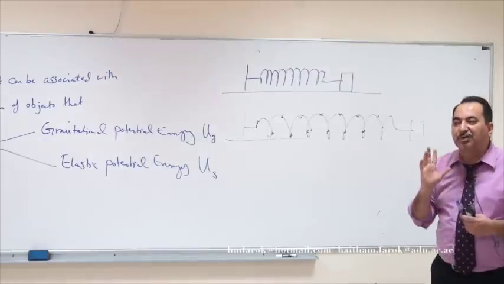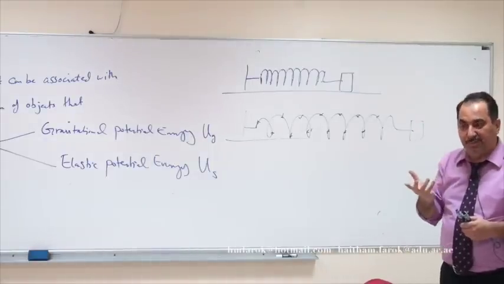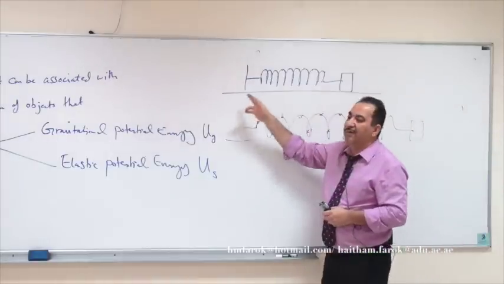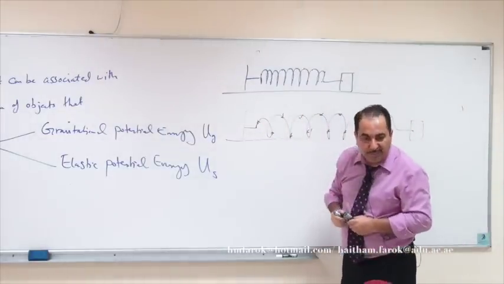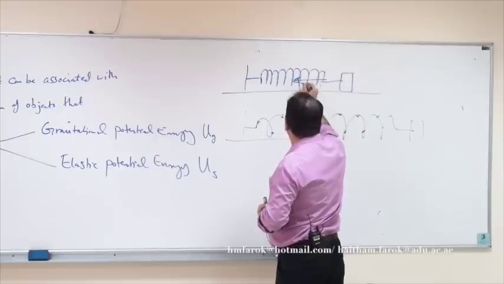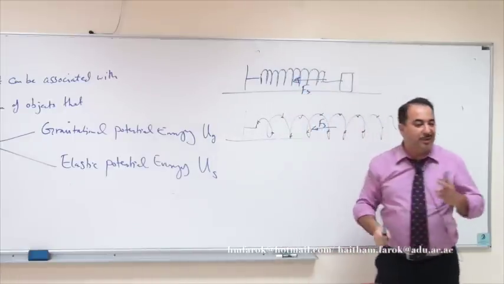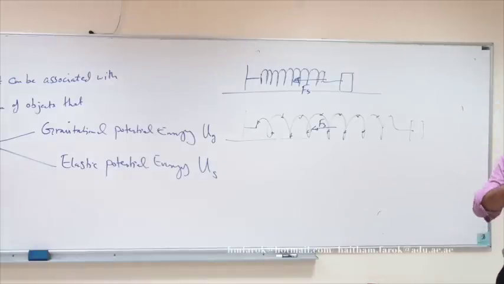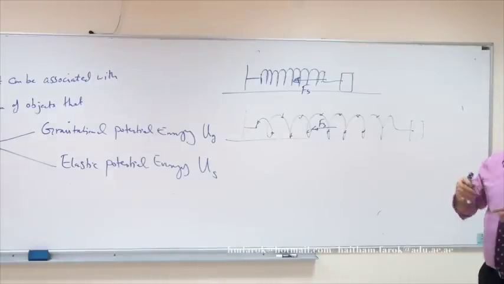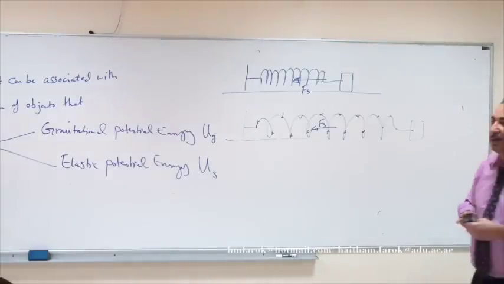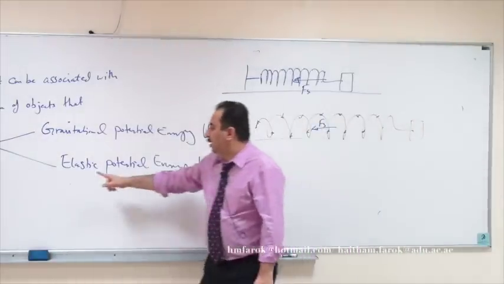That's number one, arrangement. Number two, you need force. What sort of force do you have in the spring? Spring force, yes? Fs. So now, do I have two conditions or not? Arrangement and force exerted. So do I have potential energy? What shall I call it?